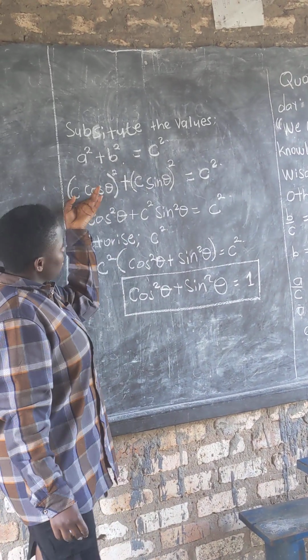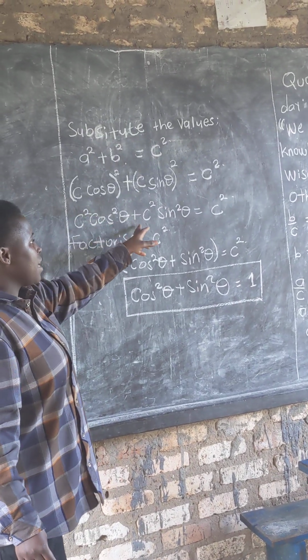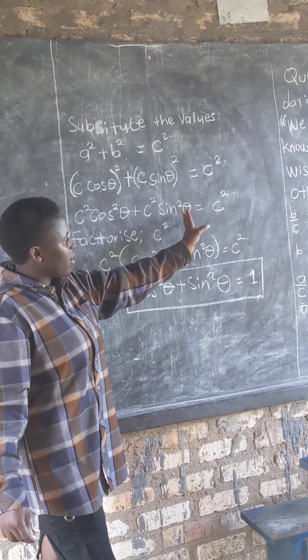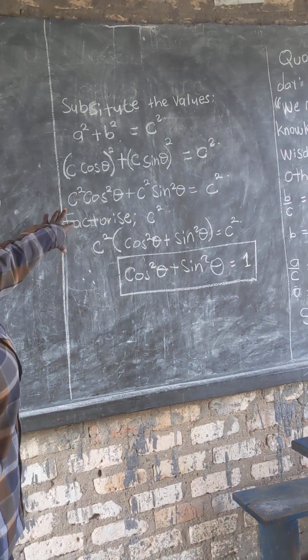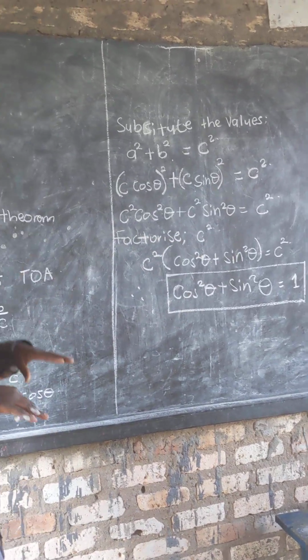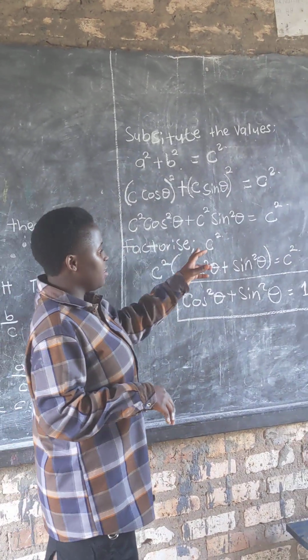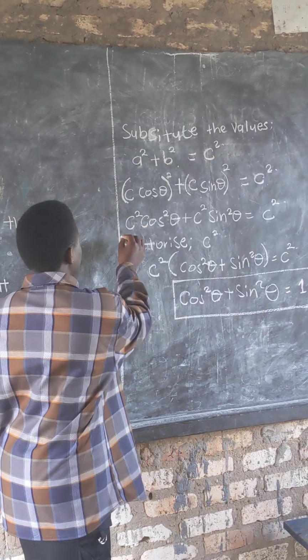From this expression we get c squared cos squared theta plus c squared sin squared theta equals c squared. Since the c squared is common, we factorize it out, as you know from our Form 3 factorization method.